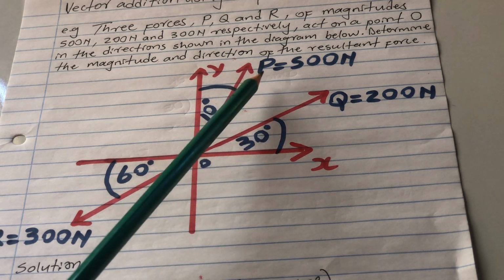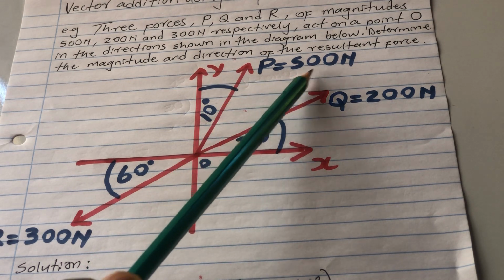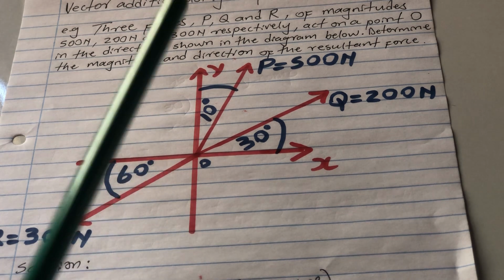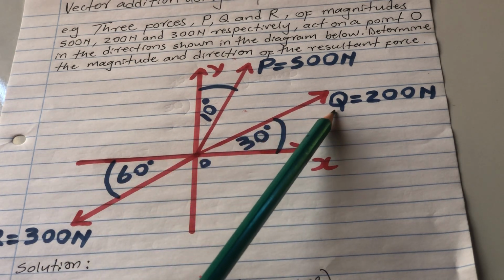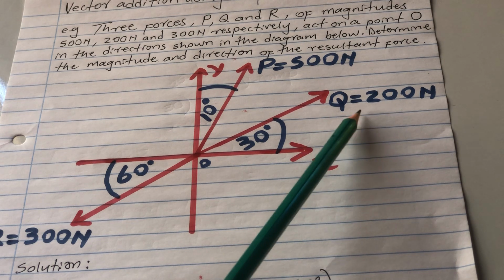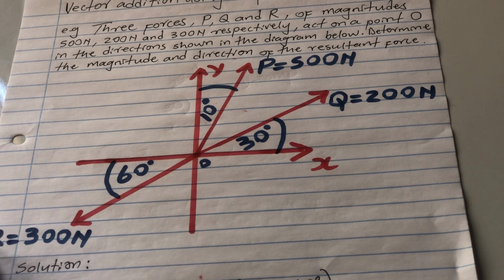We have vector P of magnitude 500 Newton. We have vector Q, magnitude 200 Newton. And we have vector R of magnitude 300 Newton.